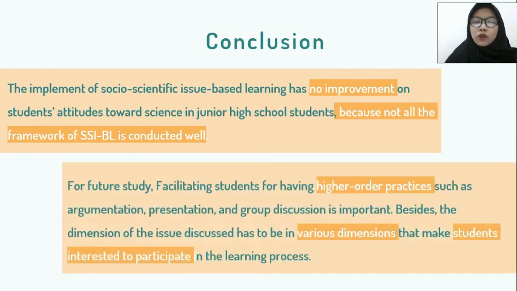So for future study, it is important to facilitate students for having higher order practices such as argumentation, presentation, and group discussion. Besides, the dimensions of the issue discussed in the class have to be various, not only one dimension, because it will make students interested to participate in the learning process.